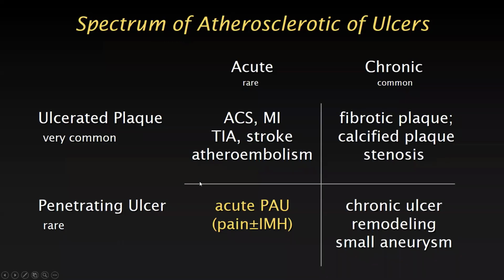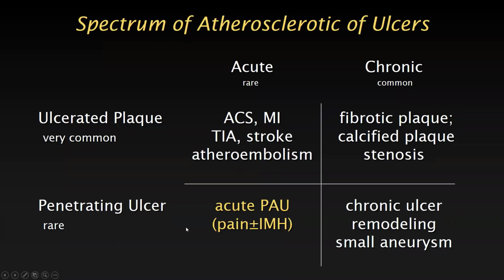If you have a penetrating atherosclerotic ulcer, only the acute setting is part of the acute aortic syndrome spectrum. And again, you need to have pain and/or intramural blood associated with this to make it a penetrating atherosclerotic ulcer. And again, there are more chronic penetrating remodeled atherosclerotic ulcers or penetrating ulcers than there are acute ones.